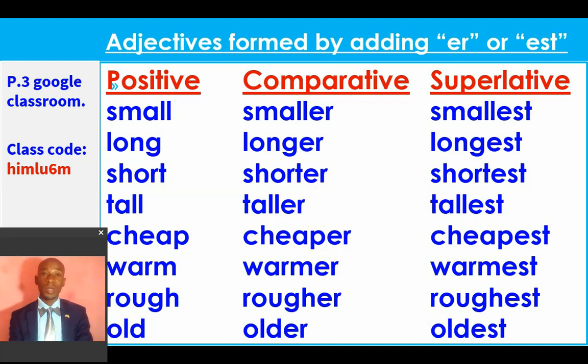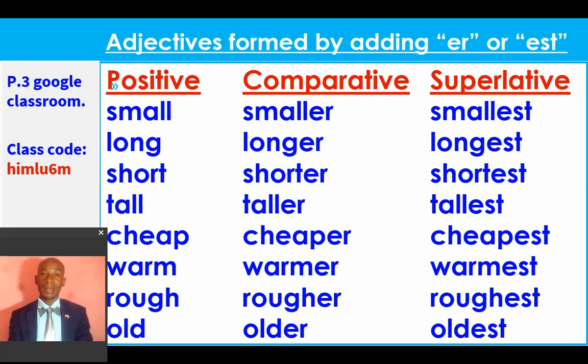We shall see those ones where we don't add letters at the end and we add letters at the beginning. Then in the superlative, still we add the letters est. So this is part 1, and we shall have part 2 and maybe part 3, because we still have to keep grouping them for purposes of easy understanding.